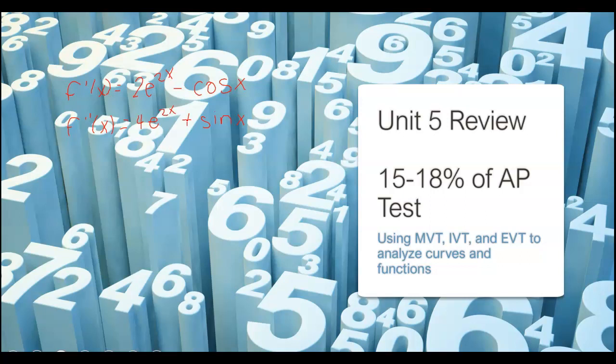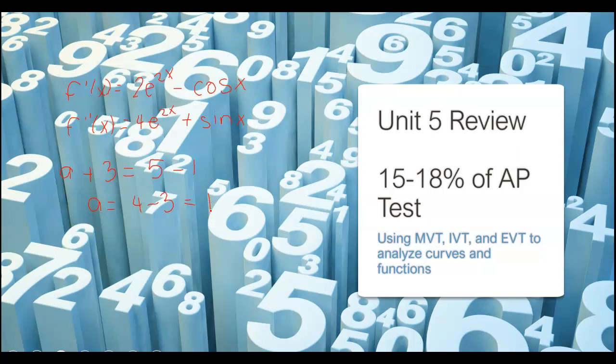So if you plug in 0, anything to the 0 power is 1, so e to the 0 becomes 1, so that becomes a plus 3 equals 5 minus, what's the cosine of 0? 1. So 5 minus 1 becomes 4, so you get a equals 4 minus 3. Okay, which is B.